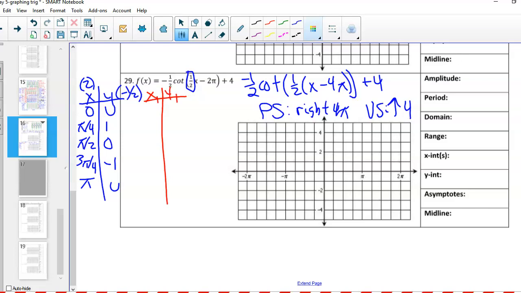So this becomes 0, pi over 2, pi, 6 pi over 4, 3 pi over 2, and 2 pi. And then for your y's, undefined stays undefined. This becomes -1/2, 0, 1/2.